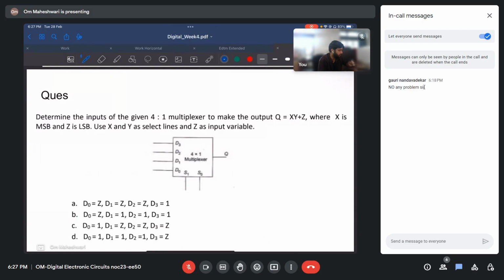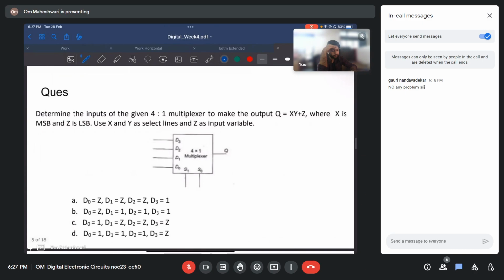Let's read the question for a moment. So here, what we have today is we have been given a 4 cross 1 mux and we have to implement this Q equals to xy plus z, where x is MSB and z is LSB.